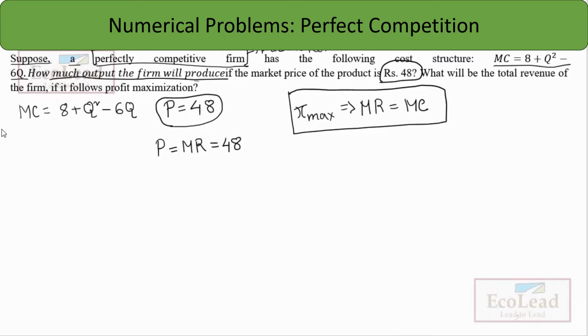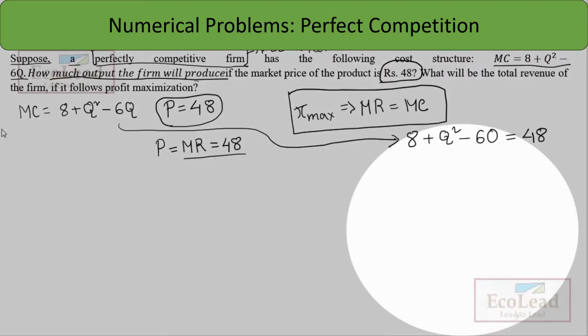Now let us put the values of MC and MR. The value of MC is 8 plus q square minus 6q, and that must be equal to MR, which is 48.